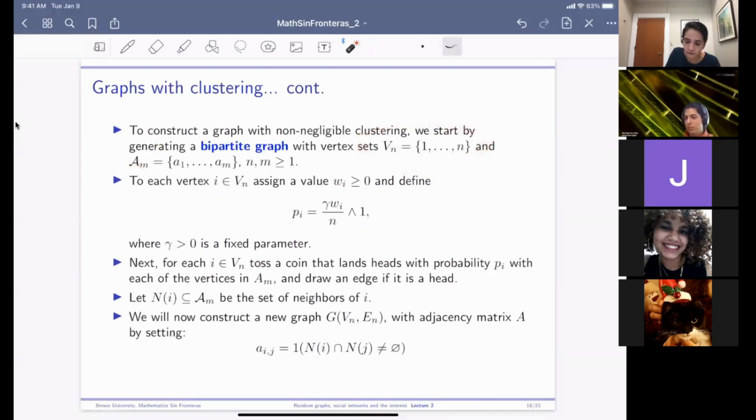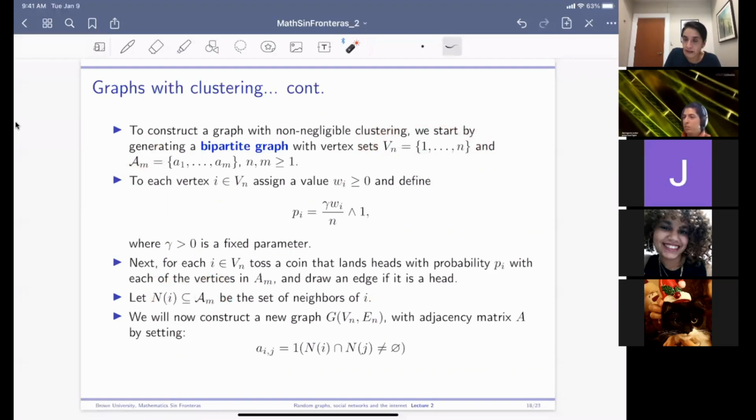To do that, for each vertex i in the actor set, I'm going to denote Ni to be the set of movies that actor i participated in. So Ni is the subset of the movies where actor i acted.